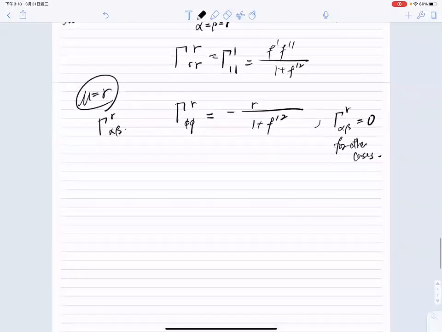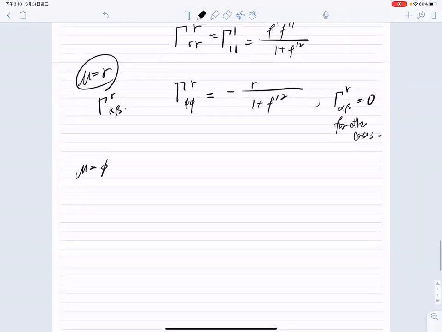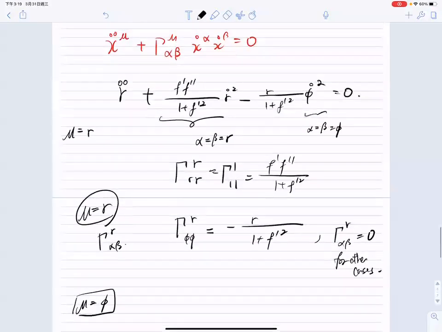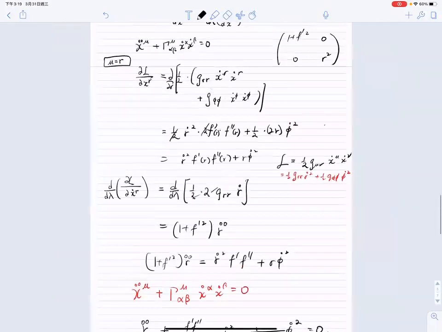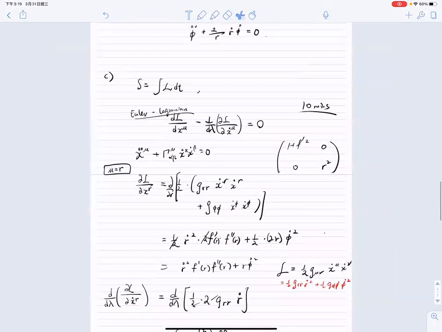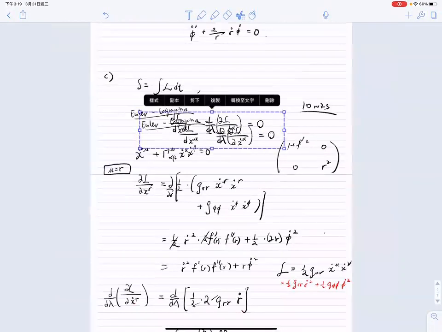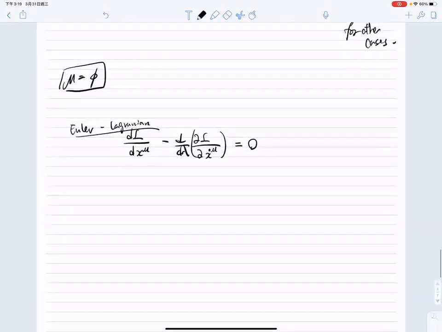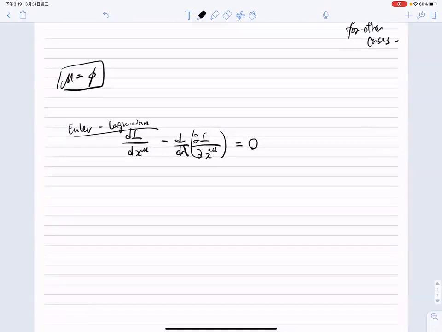Okay. And then we plug in mu equal to phi, and we use this Euler-Lagrange equation to calculate the derivatives with respect to phi.